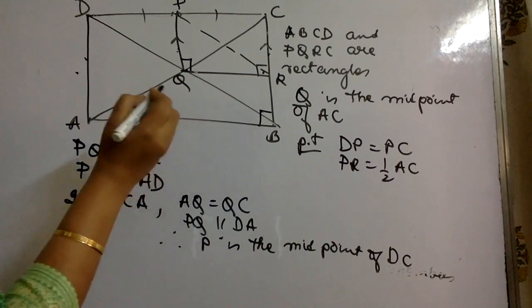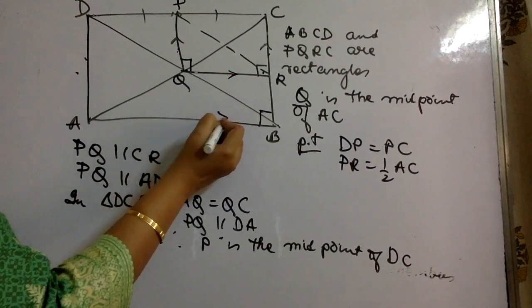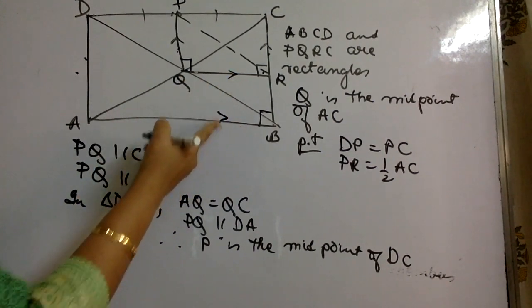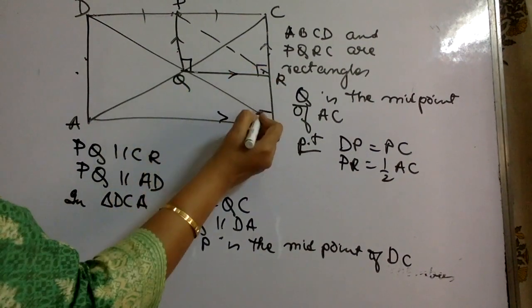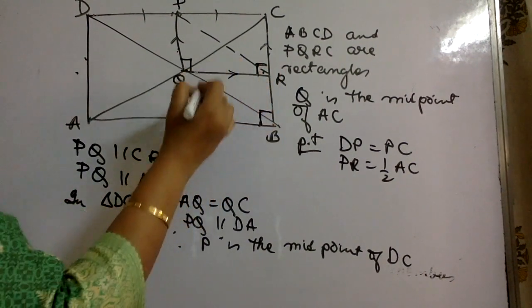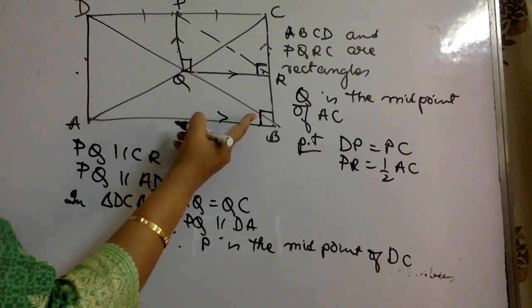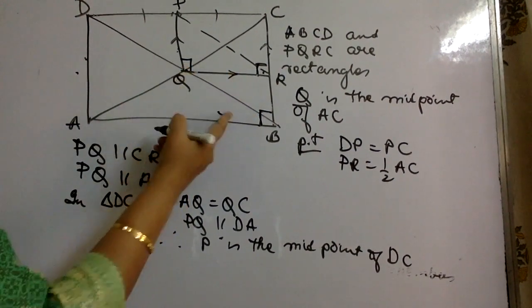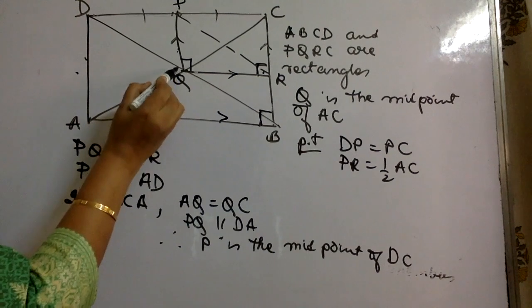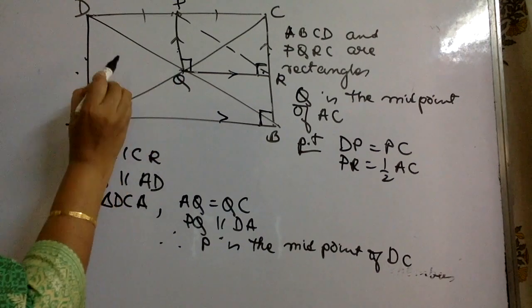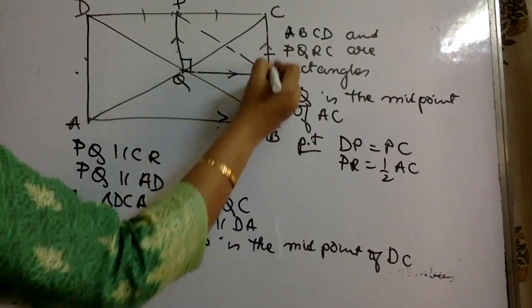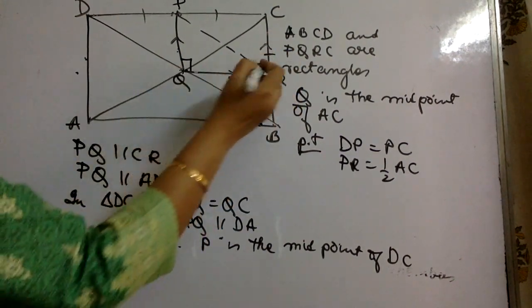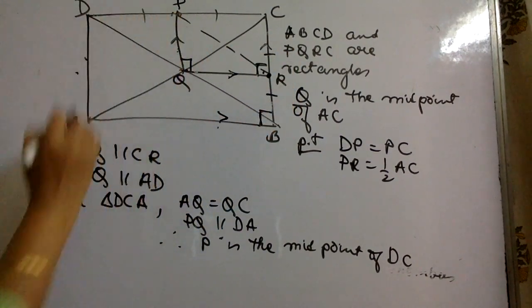Now we can also say this line is parallel to this. Why? Because here we have a 90 degree and here also we have a 90 degree, so corresponding angles are equal, so these two lines are definitely parallel. So a line coming from the midpoint of one side of a triangle going parallel to the second side will definitely bisect the third side, hence these two parts are equal.